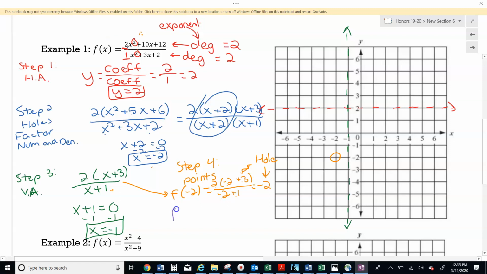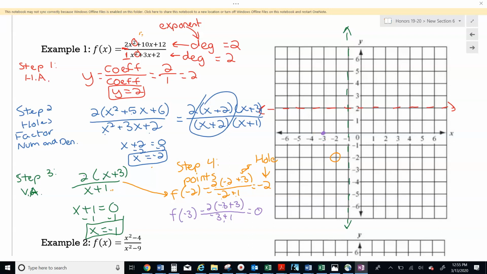Okay. So we did f of negative 2, let's do f of negative 3. Equals 2, and then negative 3 plus 3 over negative 3 plus 1. Well, negative 3 plus 3 is 0, times 2 is 0, divided by anything is 0. Oh, that was easy.